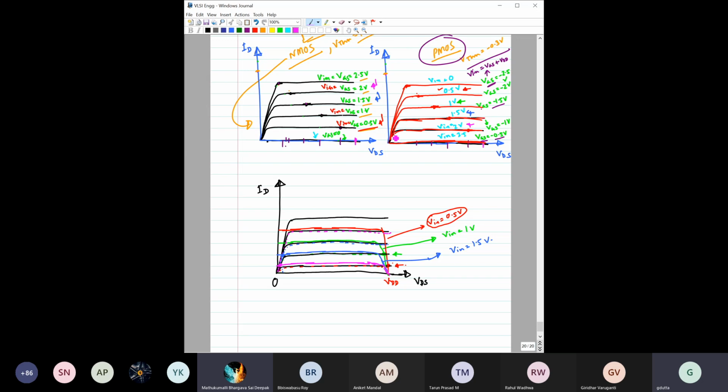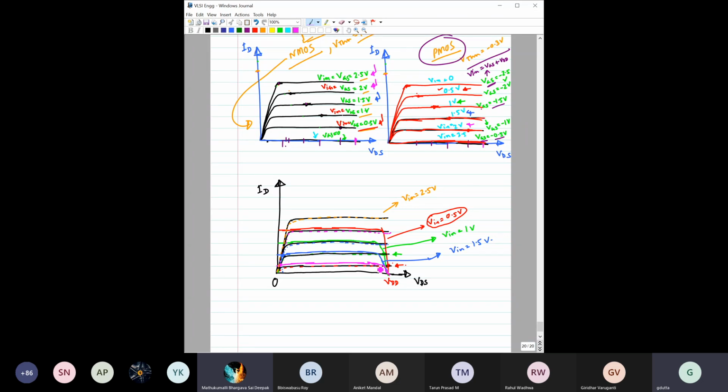Okay. Now two extreme points. So first of all, let us move to Vin equal to 2.5. Let me take the orange color. So Vin equal to 2.5 is this one. So this is Vin equal to 2.5 volt, right? I think the pink color I have not mentioned.